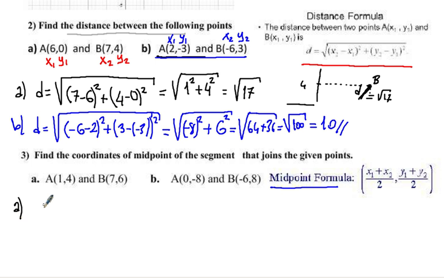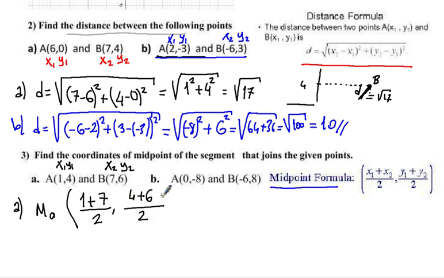Let me call this MA because I'm solving under A. So let me write x1 y1 x2 y2. So x1 plus x2 over 2 and y1 plus y2 over 2.